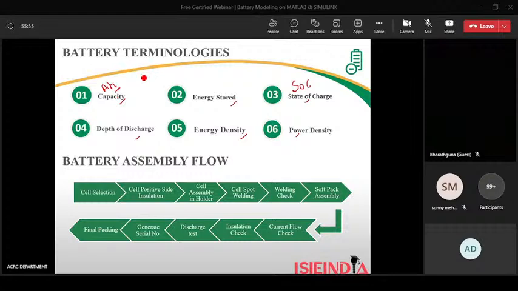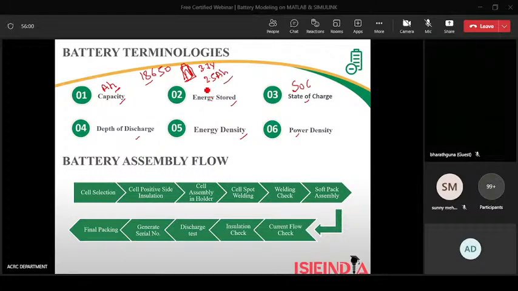Suppose I gave you a battery, 18650. It is a cylindrical cell. This battery will have some specification like 3.7 volt and 2.5 Ah.